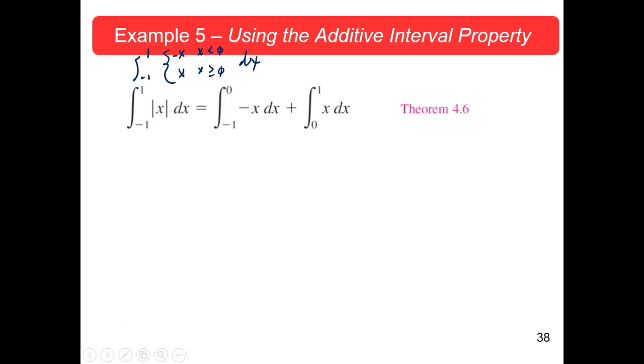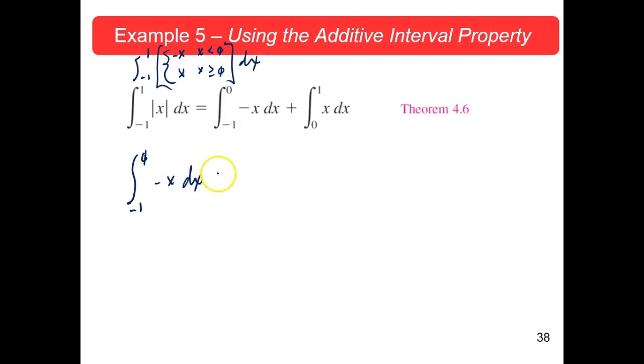Now that's a weird way of writing it, but that's exactly what the absolute value of x is. That's the piecewise defined function. So let's split it into pieces. Let's do the first piece, the integral from -1 to 0, and that would be the integral of minus x.